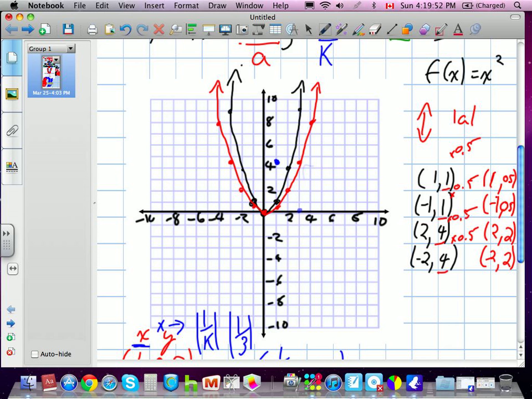Our vertex is still here, okay? So everything's being moved in by a third, okay? We're dividing each of our x values by a third. So we got over to 3 as one of them, and that came over to 1. So if I happen to get over to 6, now this one's a bit of thinking, okay? 6 squared for our normal black parabola would have gave me 36.